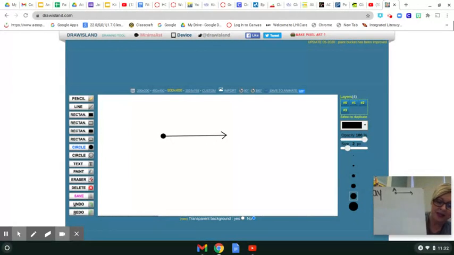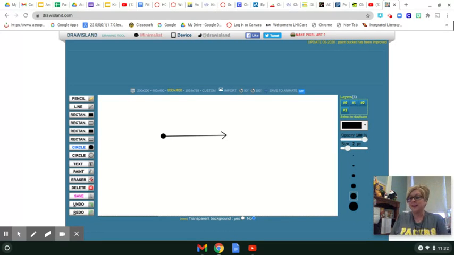It has an arrowhead at one end and a point at the other. I'm also going to name that point, kind of like what we did yesterday. I had a little trouble with the text tool, so I'm just going to label it with my pencil. I would call that point A.